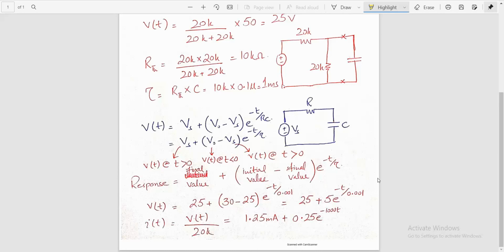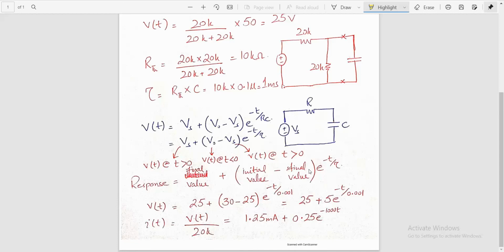This is a general equation, and I will be using it to solve the circuit drawn at the top of this page.